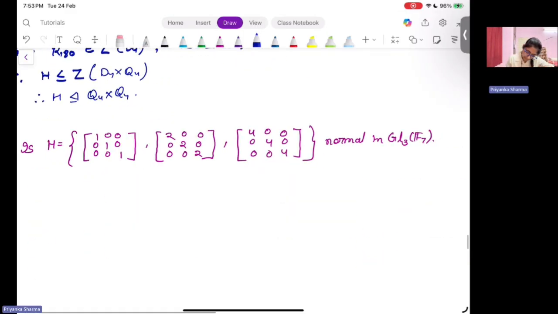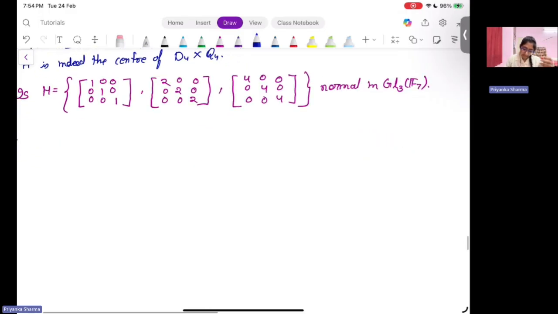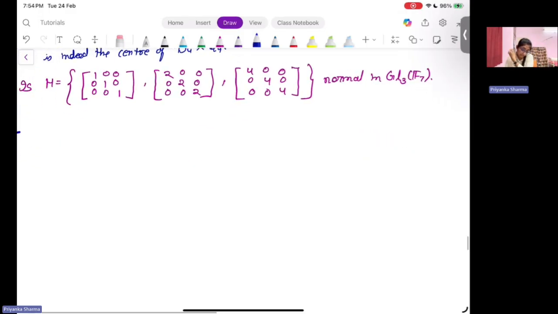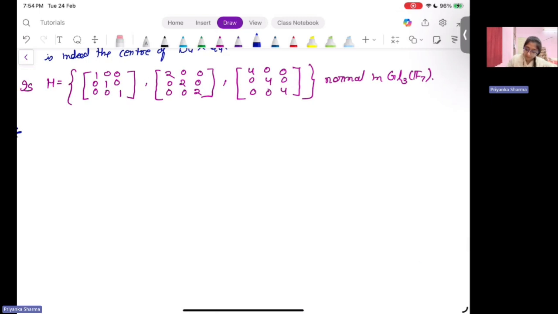What about this? Is H, which is given by this, normal in GL3F7? GL3F7 means 3 by 3 non-singular matrices where the entries come from the finite field F7.